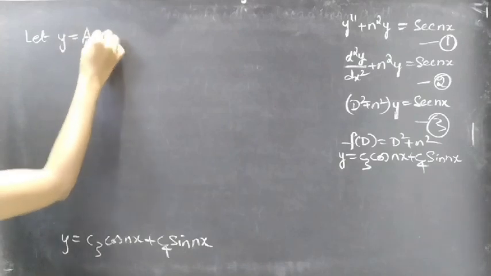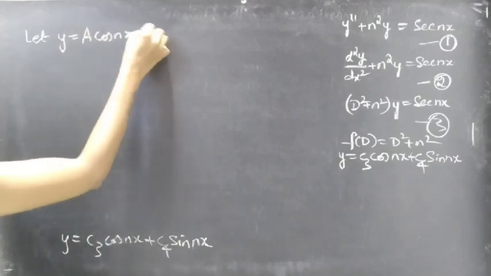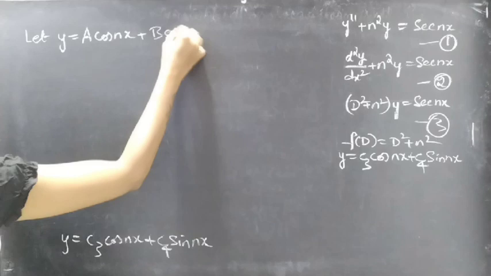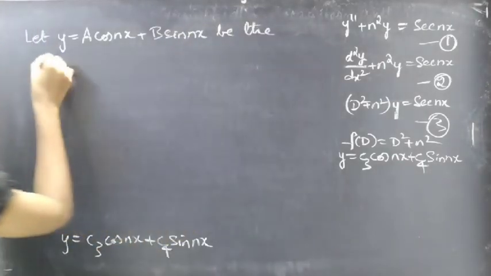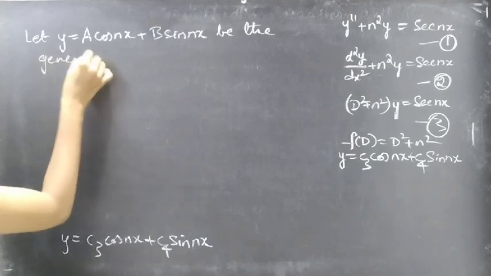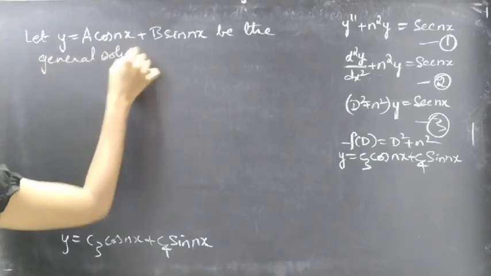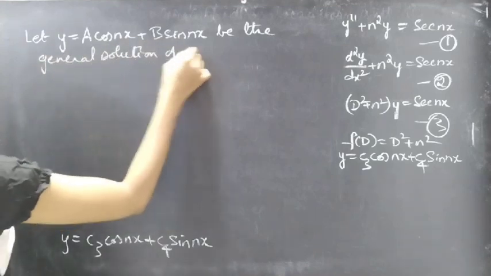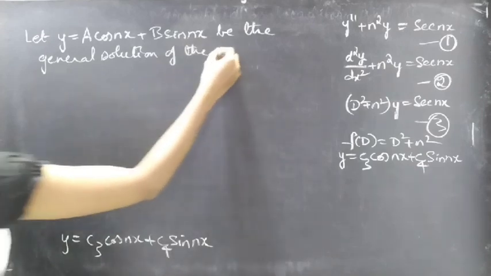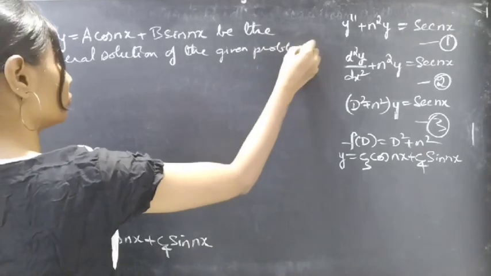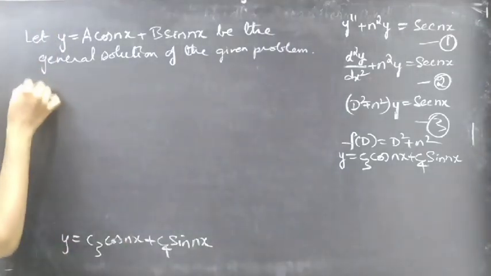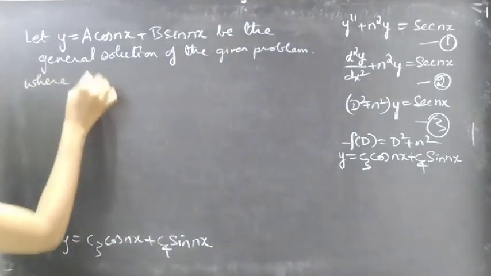We'll get y equal to a cos nx plus b sin nx, be the general solution of the given problem, where a and b are functions of x.